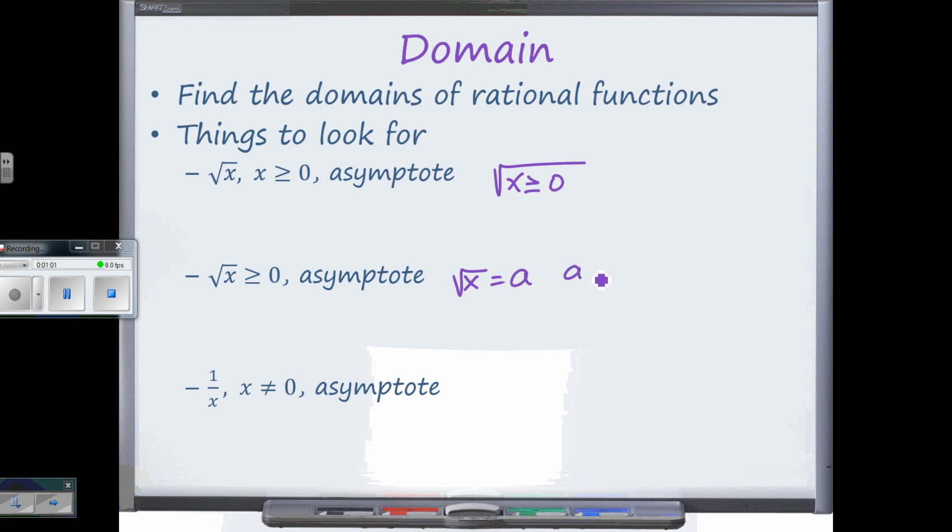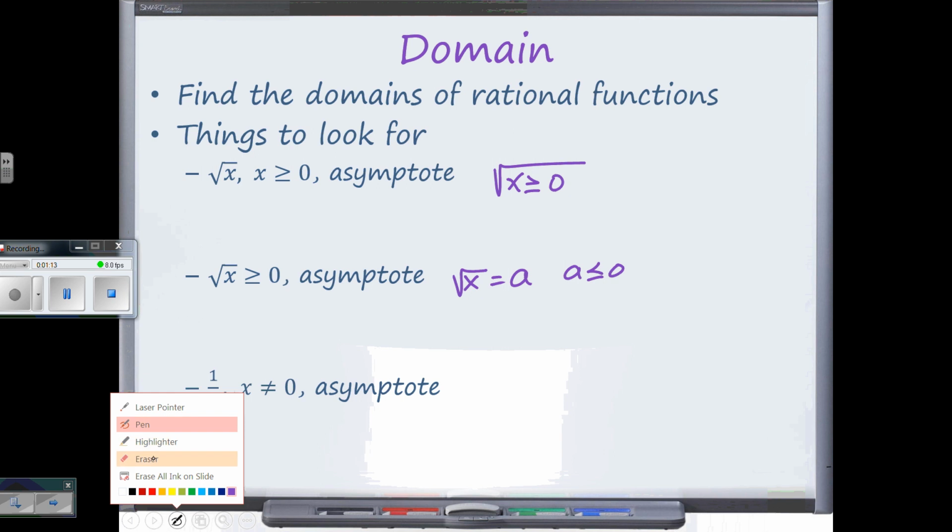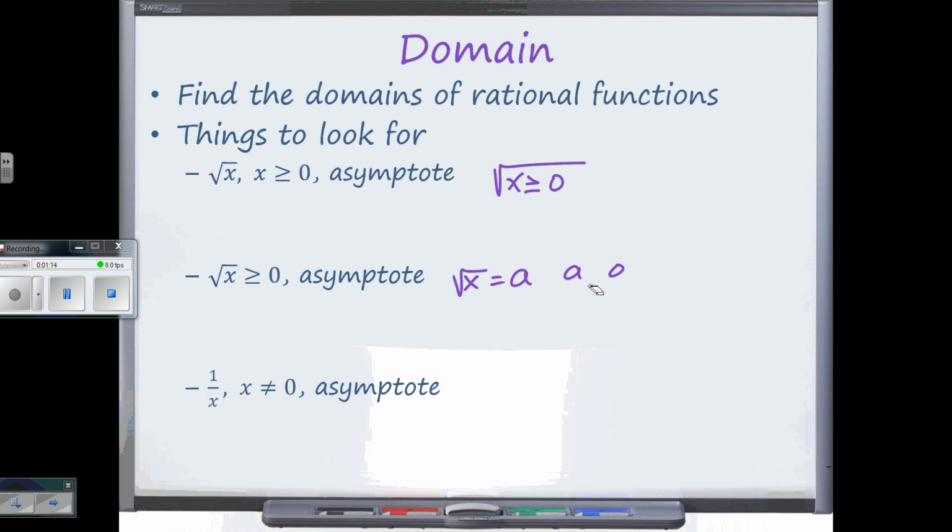X has to be greater than or equal to 0. Now this should be a has to be greater than or equal to 0 also. Otherwise we would consider it an extraneous solution because it's not a function.